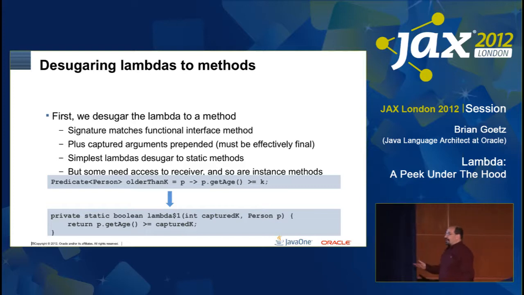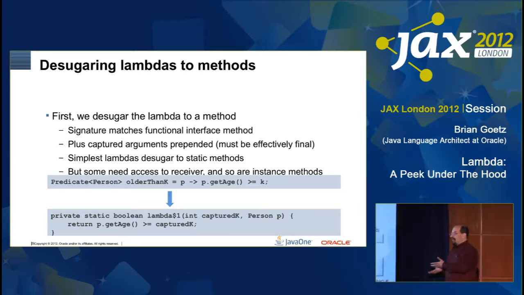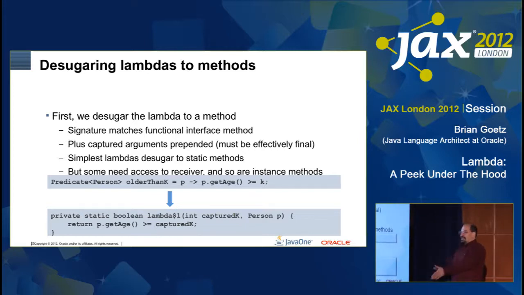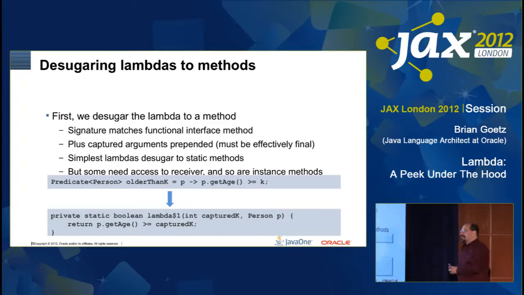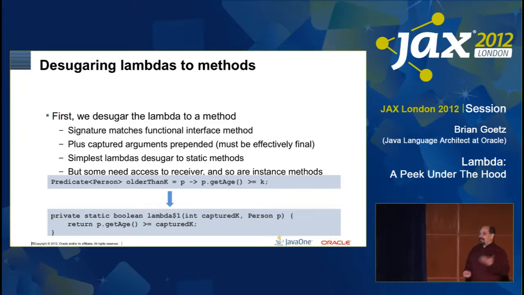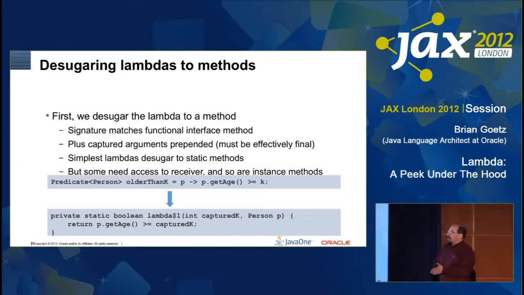So that's step one: we construct this method. The shape of the argument list is constructed according to a defined procedure. If it doesn't capture the instance, if it doesn't use this in any way, we can desugar it to a static method. We can almost always desugar it to a private method. So that's clean. Sometimes a lambda will capture the receiver.